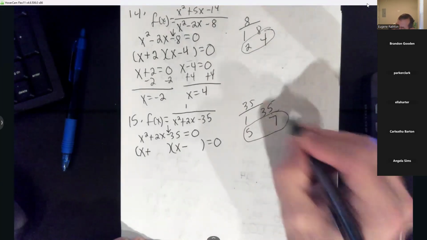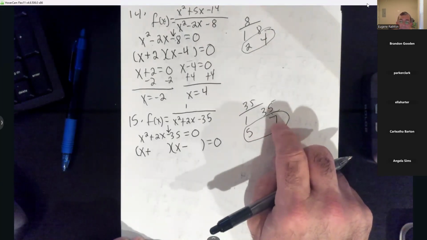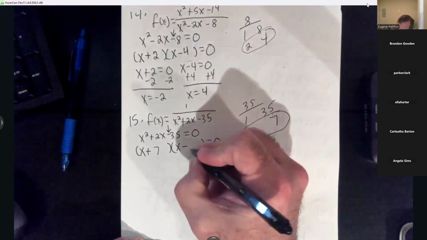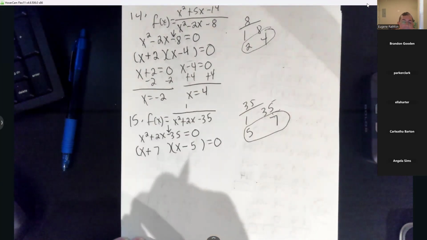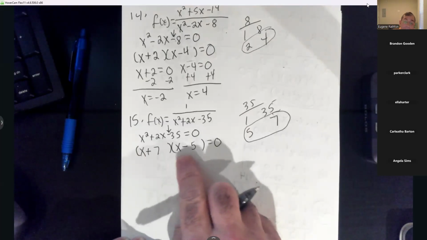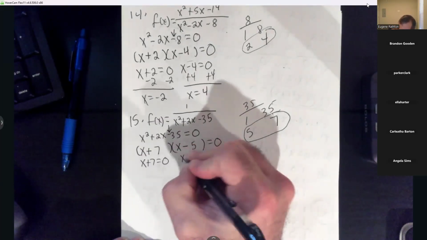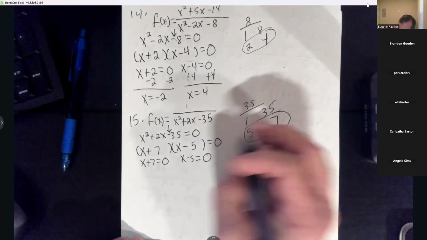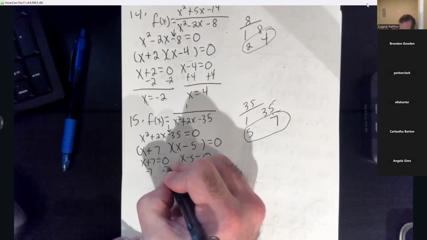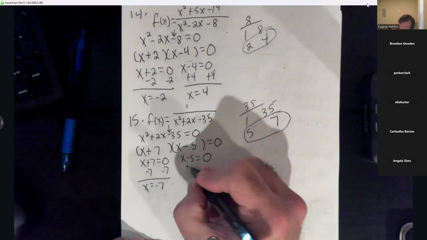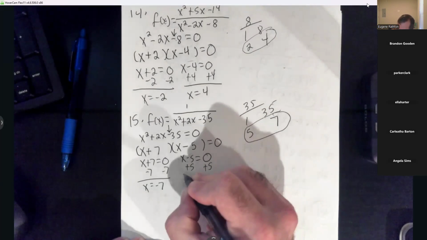The two I need are 5 and 7. The larger factor 7 will be positive like the middle, and then the 5 negative. All right, then you will set both of these equal to 0 and solve them. So y'all, the first one, you're going to subtract 7. The second one, you're going to add 5.